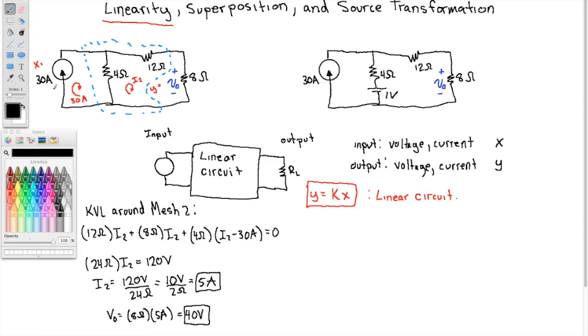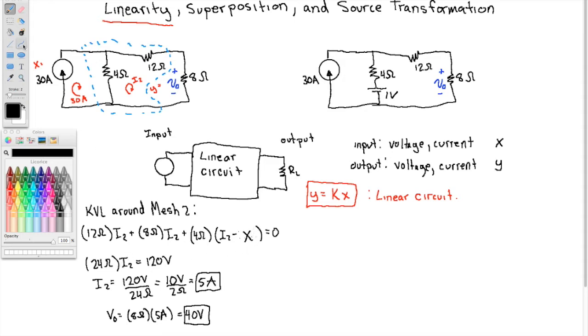So where did we use the 30 amp source in this equation? Right here. So let me back up, and instead of 30 amps, let me write X. Now I'm going to be general. That's the input, so I'm just going to call that X.